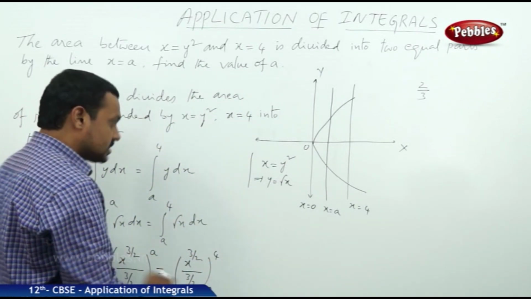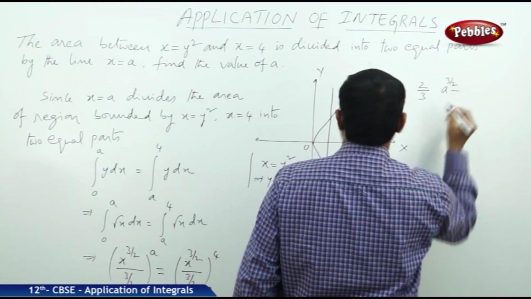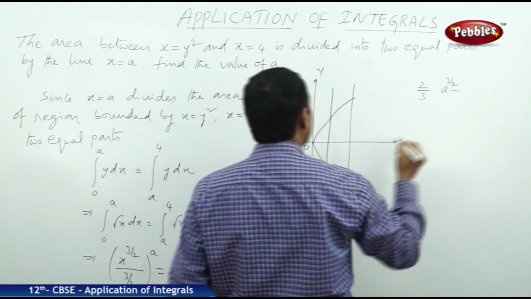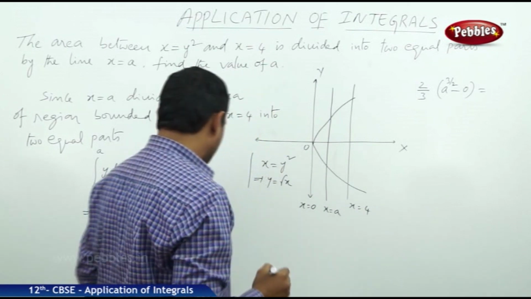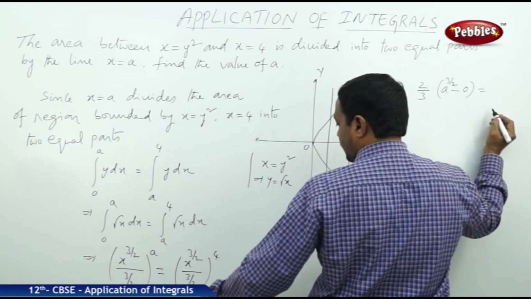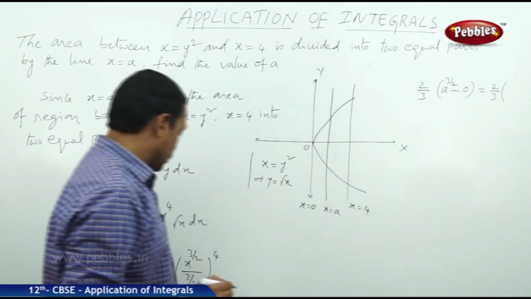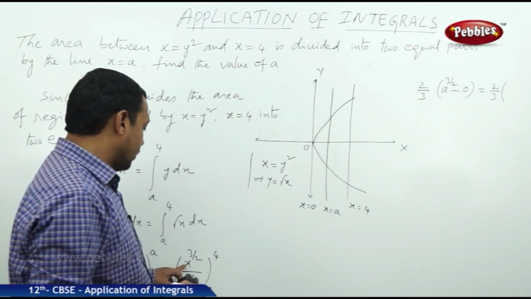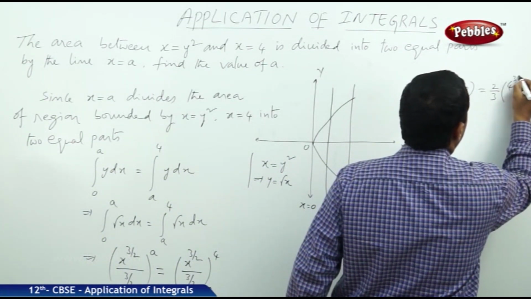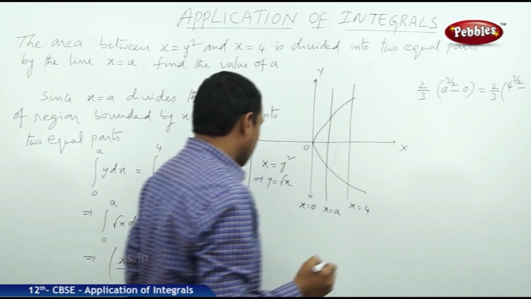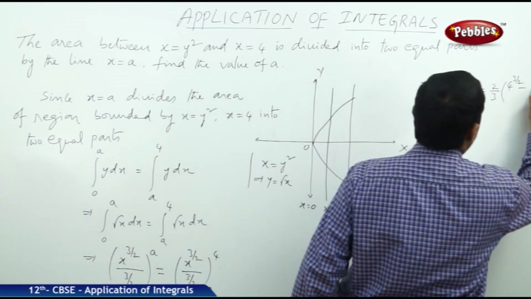Substitute the upper limit first, that is a power 3 by 2, minus, while substituting the lower limit it becomes 0, is equal to, now on the right side that is also 1 by 3 by 2 is equal to 2 by 3. Now when we substitute the upper limit first, that is 4 power 3 by 2, minus, and substitute the lower limit, that is a power 3 by 2.